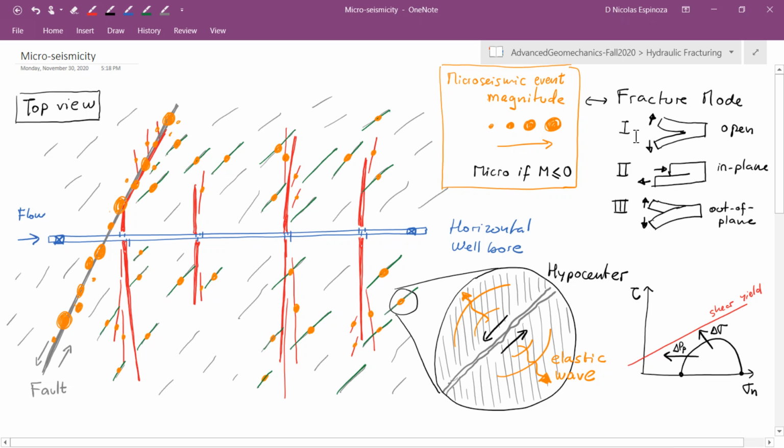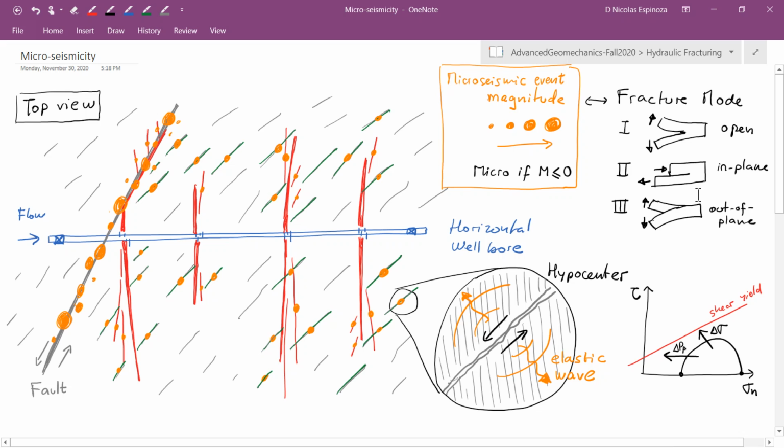Mode number 1 usually does not generate microseismicity because most of the energy just goes into separating the surfaces of the rock and also creating new rock surface, but that doesn't generate that much seismicity. Most of the seismicity comes from shear fracturing and from shear displacements, either mode 2 or mode 3.